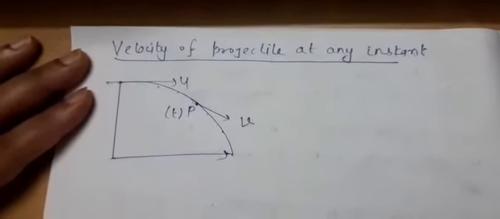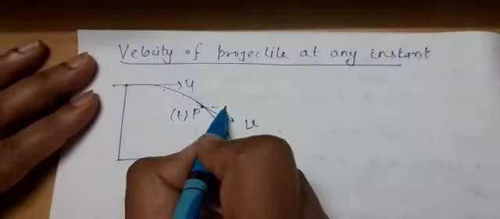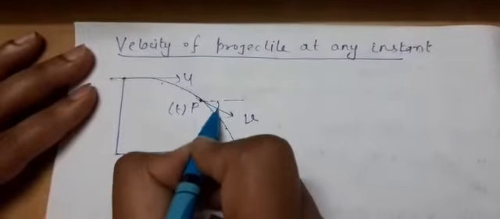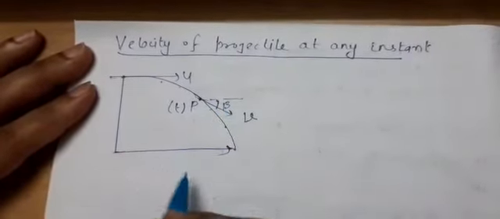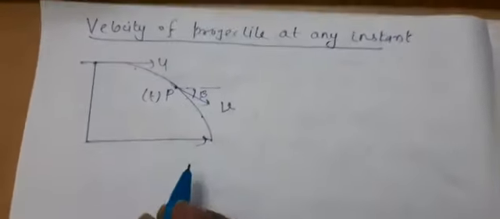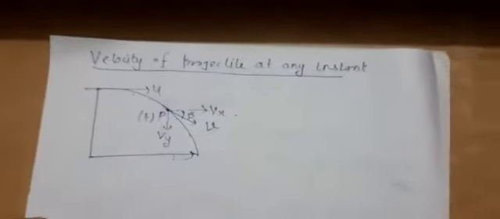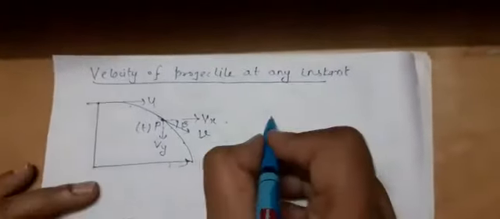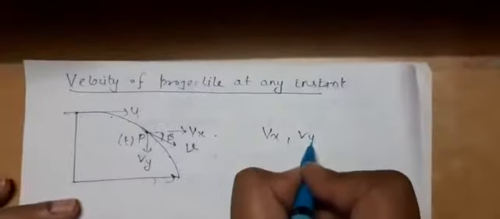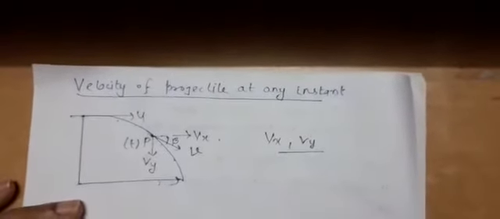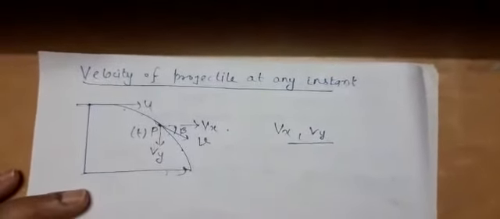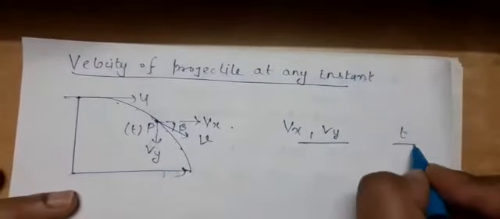Let it make an angle beta with the horizontal, and this component will be Vx, the horizontal component of velocity, and this perpendicular component will be Vy. So Vx and Vy are the two rectangular components of velocity at any time t.